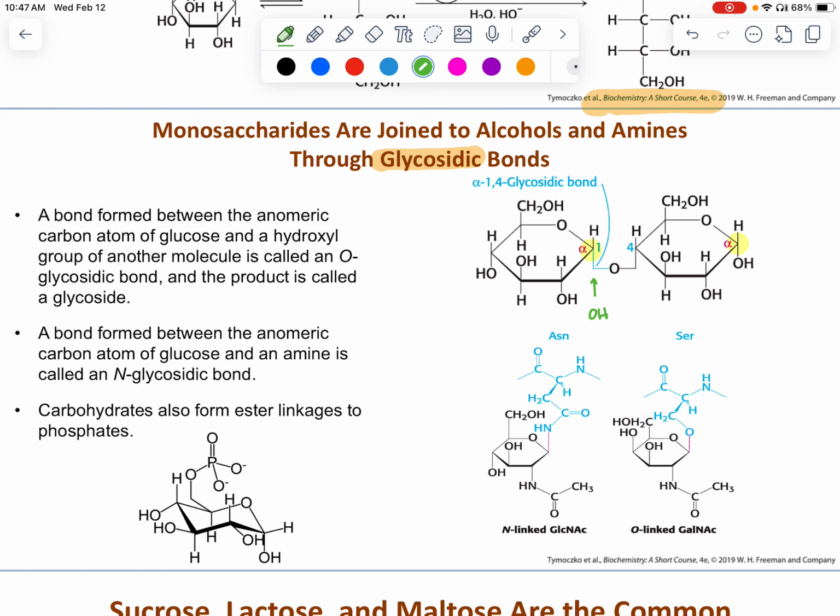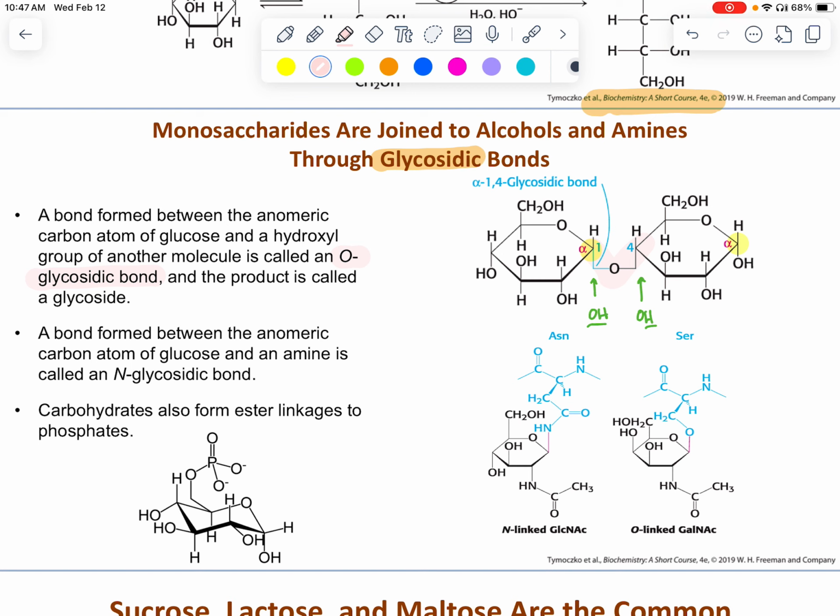This was also an OH group. What happens is these two hydroxyl groups react and water leaves. So notice we lost OH and H. Water leaves and we end up with this linkage through the oxygen between the two. We call that an O-glycosidic bond, linked through the oxygen.